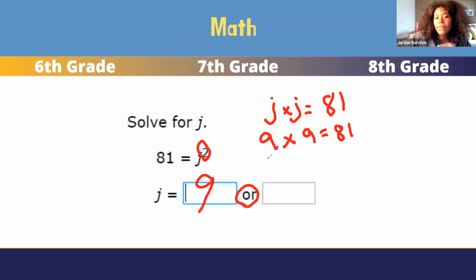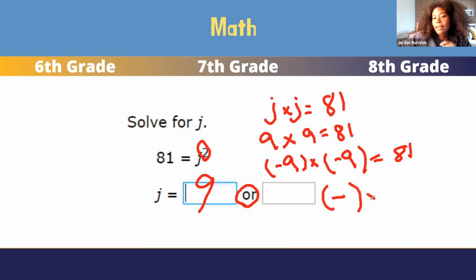You could also do negative 9 times negative 9 equals 81. Because when you're multiplying negative numbers by each other, they cancel out and just become positive.